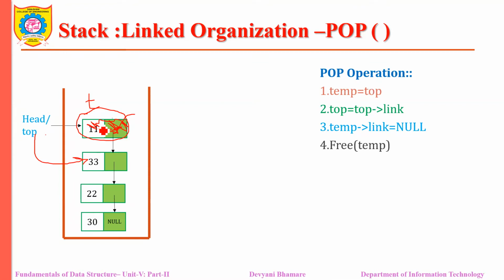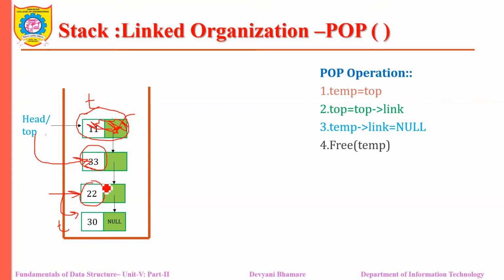Likewise, we can perform this operation. If you want to delete 333, make it temp, right? Top is equal to top of next. So this is our new top. Again, if you want to delete that element, let this be my temp, right? Top is equal to top of link, means top is pointing to this node.